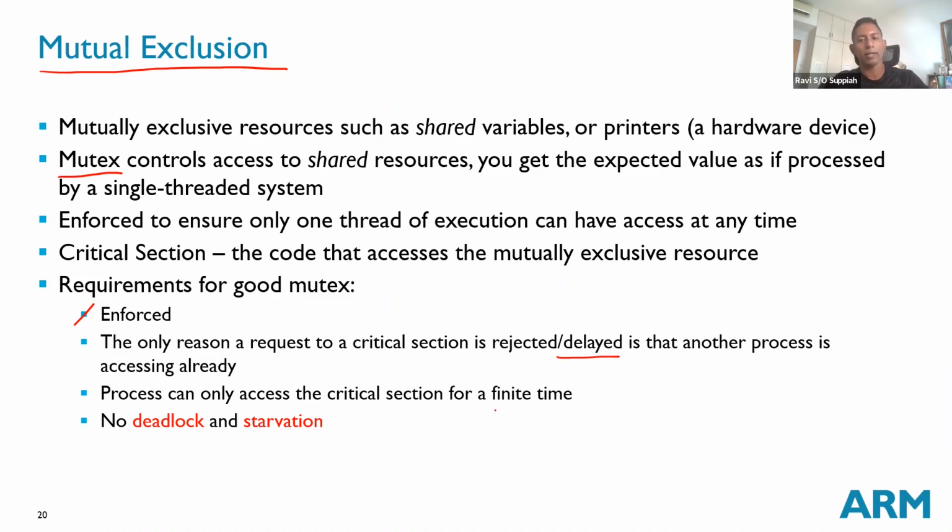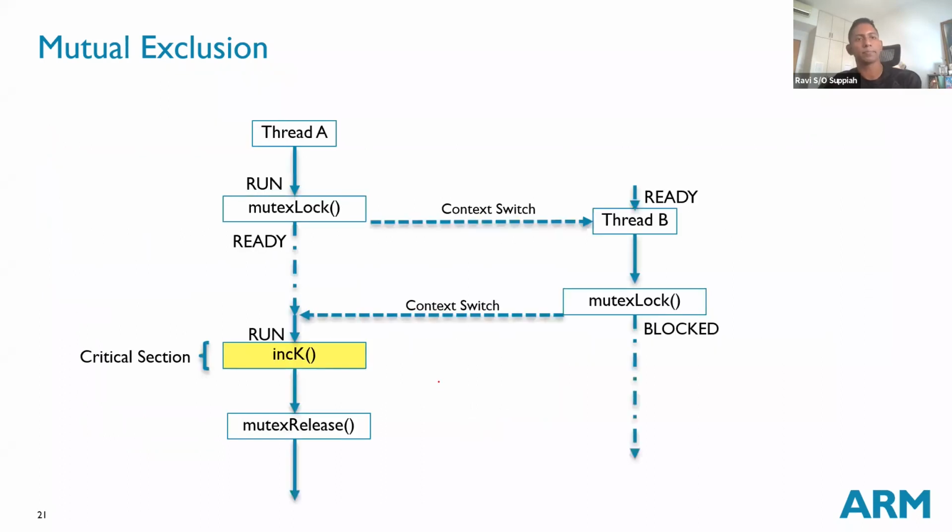But you are only delayed for a finite amount of time, which is the amount of time that somebody else is holding on to that resource. We will look at that in a while, and we also talk about what we call deadlock later on.